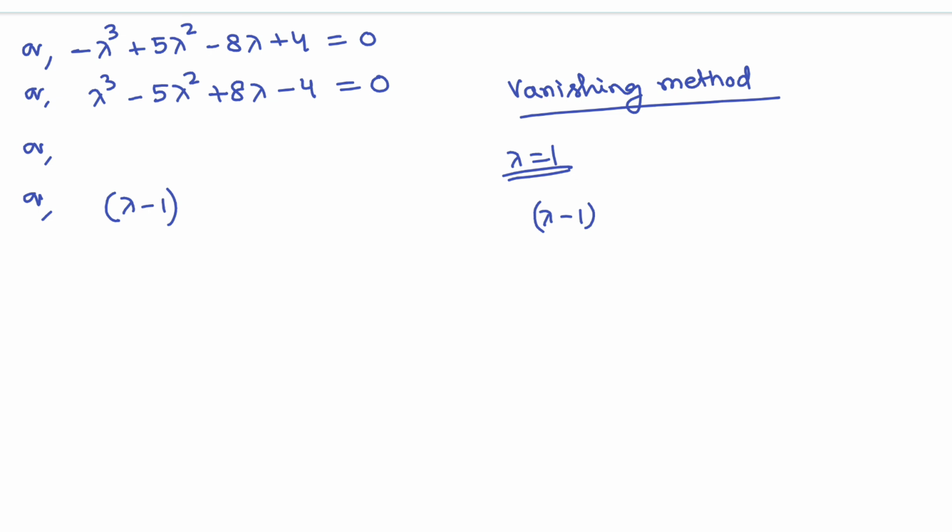I think you know how to solve in the vanishing method. So lambda minus 1, this is a cubic equation, so write lambda minus 1 three times. Now just adjust the characteristic equation. We have to multiply by lambda square, so this will be lambda cube minus lambda square.